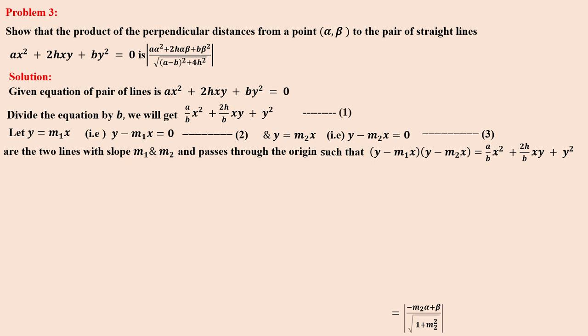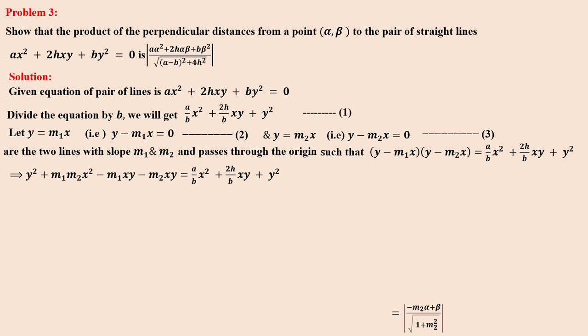So that is why the product (y − m1x)(y − m2x) equals ax² + 2hxy + by², which is nothing but (a/b)x² + (2h/b)xy + y². Multiplying, we get y² − m1xy − m2xy + m1m2x².